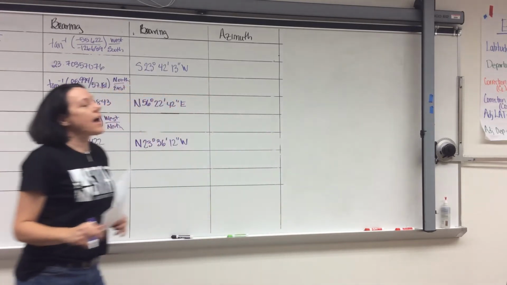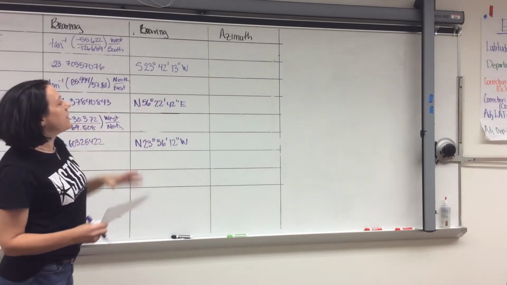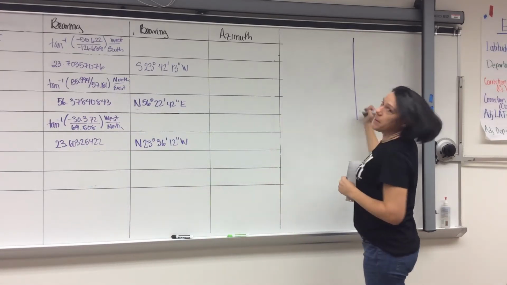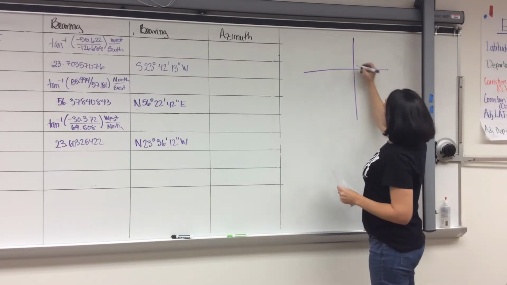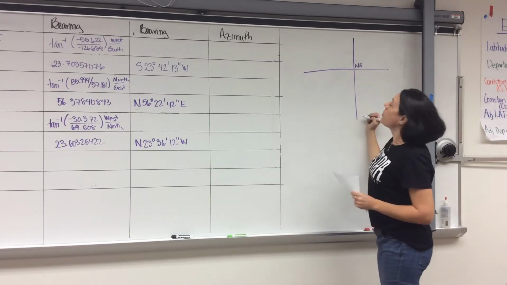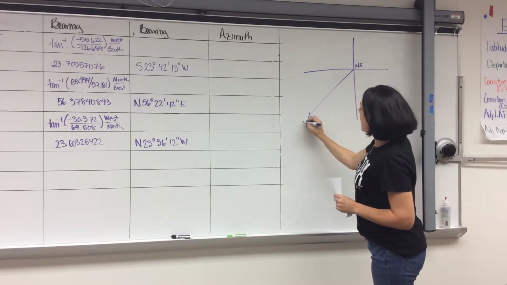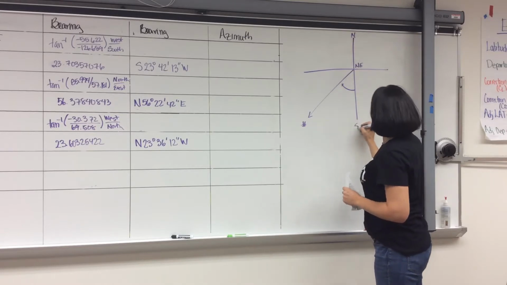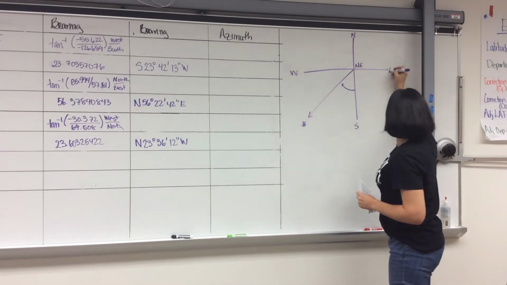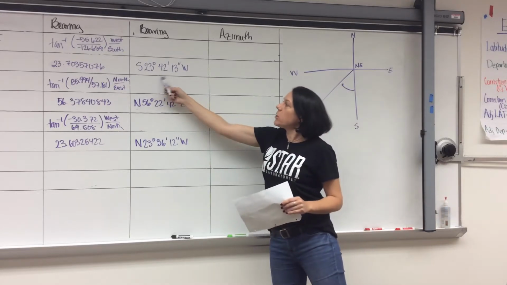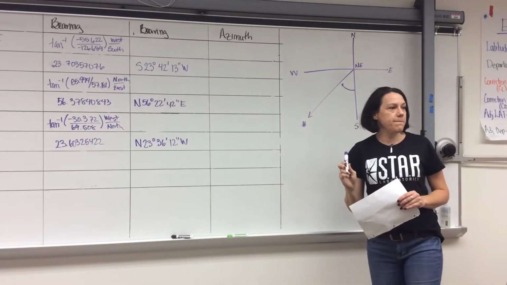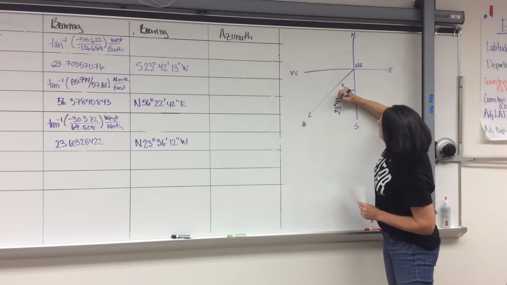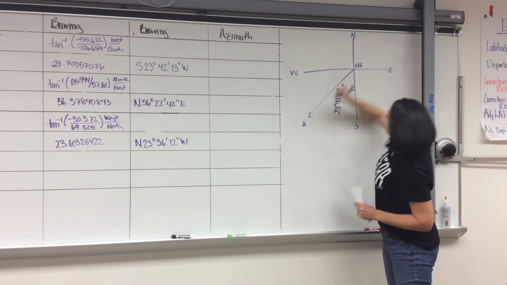So if I want to figure out the azimuth of the first one, I'm going to draw myself a little picture. Okay, it's going to be a big picture. I am going from point 1 down to point 2. This angle here, because we said we're going south, west, is 23 degrees, 42 minutes, 13 seconds.